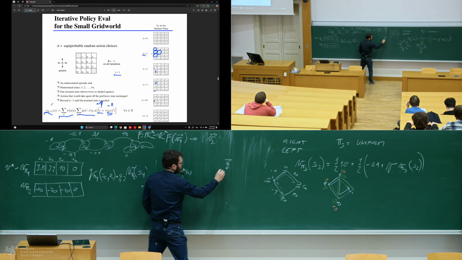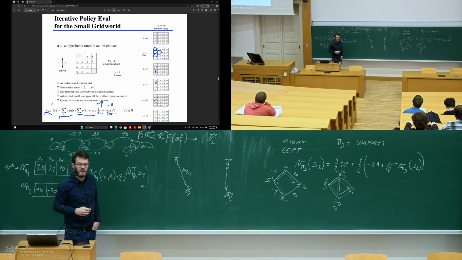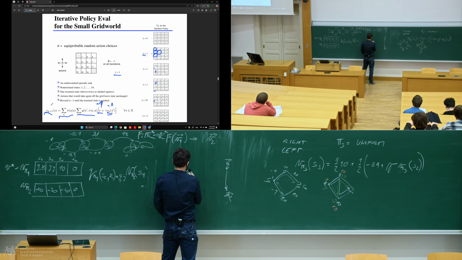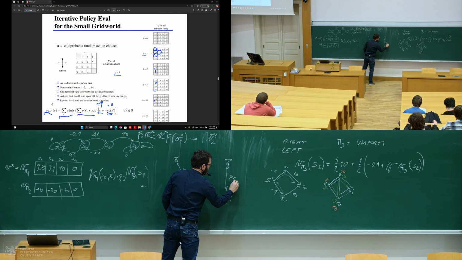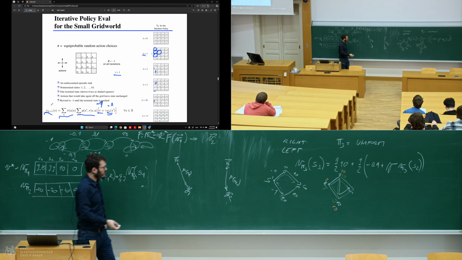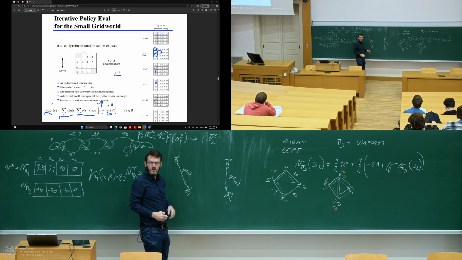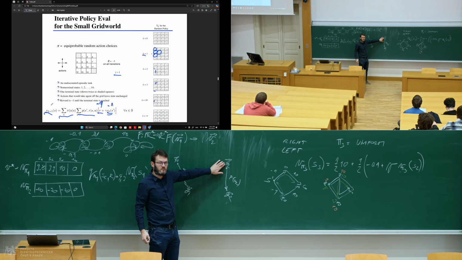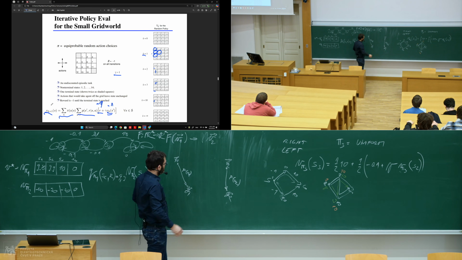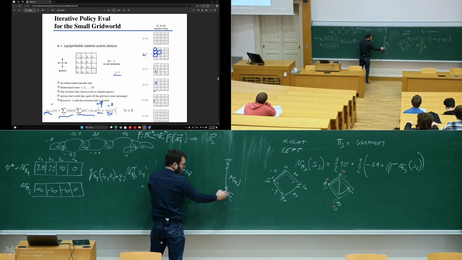y1 and y2, f(x1) and f(x2). And now the function is a contraction if this distance is always larger than this distance. So for any two inputs, if you take this distance, it will be larger than this distance.